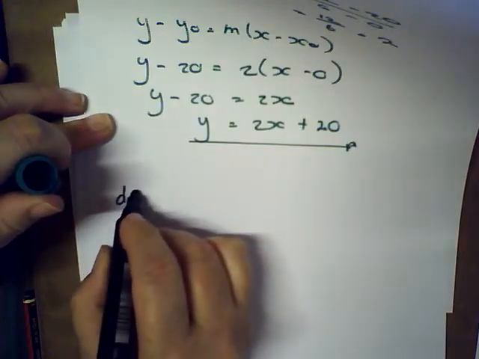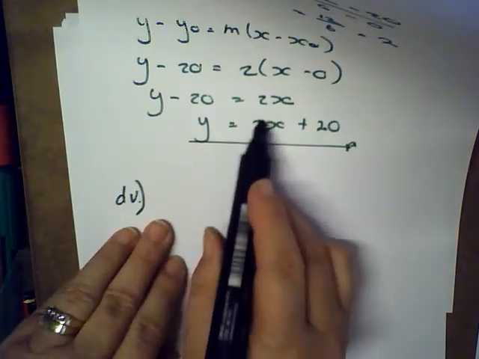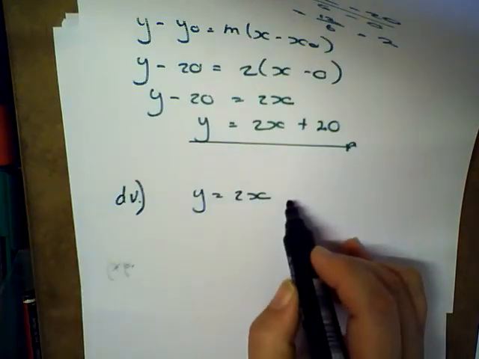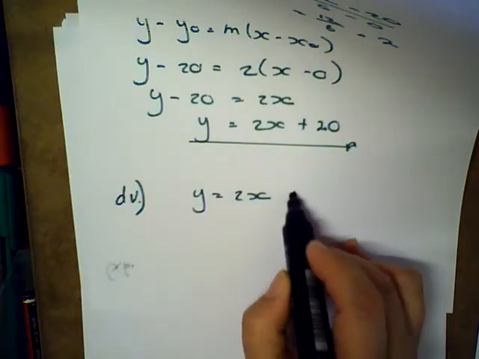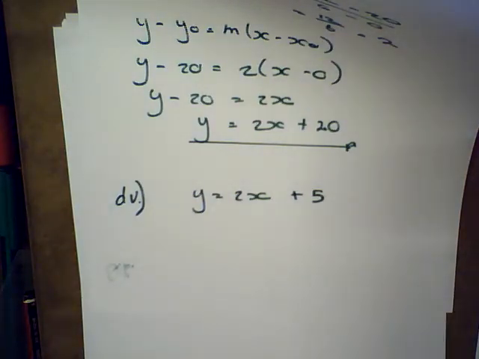So for D5, we have the equation. It must have the same gradient, so y equals 2x. It will have a different intercept. The c value, according to my drawing, is 5. Okay, and we are done with question 5.